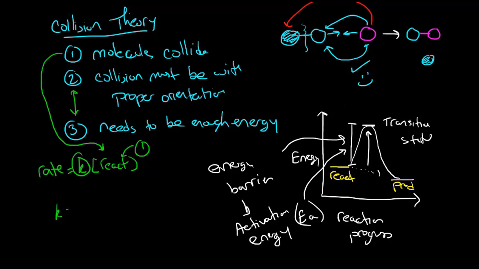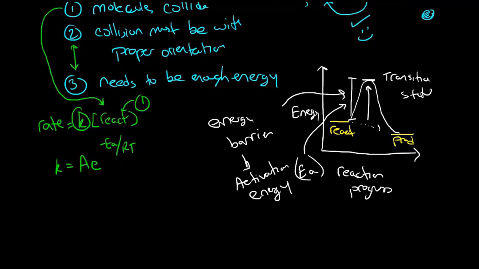The rate constant is equal to this term A times e to the minus EA over RT. So we see some familiar things here. First, we see our rate constant, and our rate constant we know is built into our rate law.